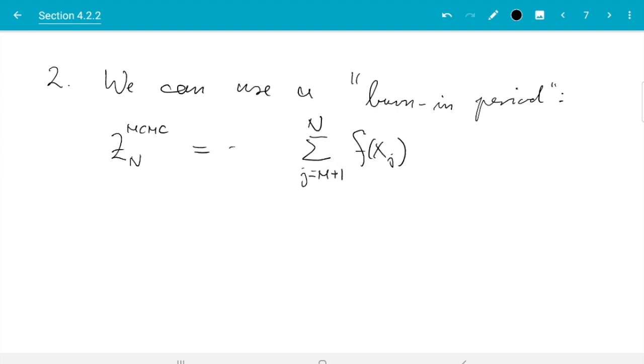Then when we compute the average, we no longer divide by n, but instead, to keep it an average, we divide by how many samples we used, which is now n minus m, because we ignored the first m. Then we would compute the Markov chain Monte Carlo estimate using this modified formula. The first m samples are the ones where the bias is largest, and hopefully that is enough to bring the bias down to a reasonable level.